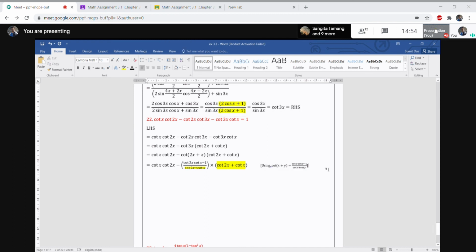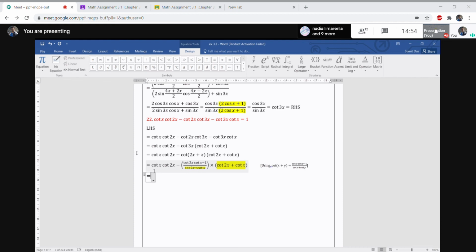So next line it will be equal to this minus, inside bracket, cot 2x into cot x minus 1.